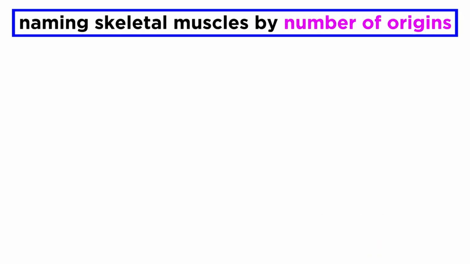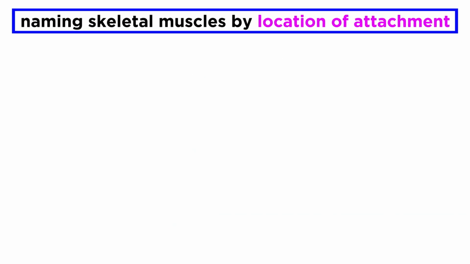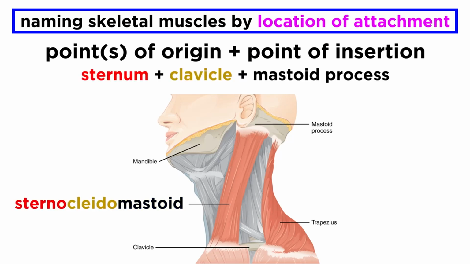Next, we can consider the number of origins. Biceps, triceps, and quadriceps have 2, 3, and 4 origins respectively. Then we can discuss the location where the muscle attaches to other structures. Here we list the point or points of origin followed by the point of insertion, such as with the sternocleidomastoid muscle, which has origins on the sternum and clavicle and inserts on the mastoid process.